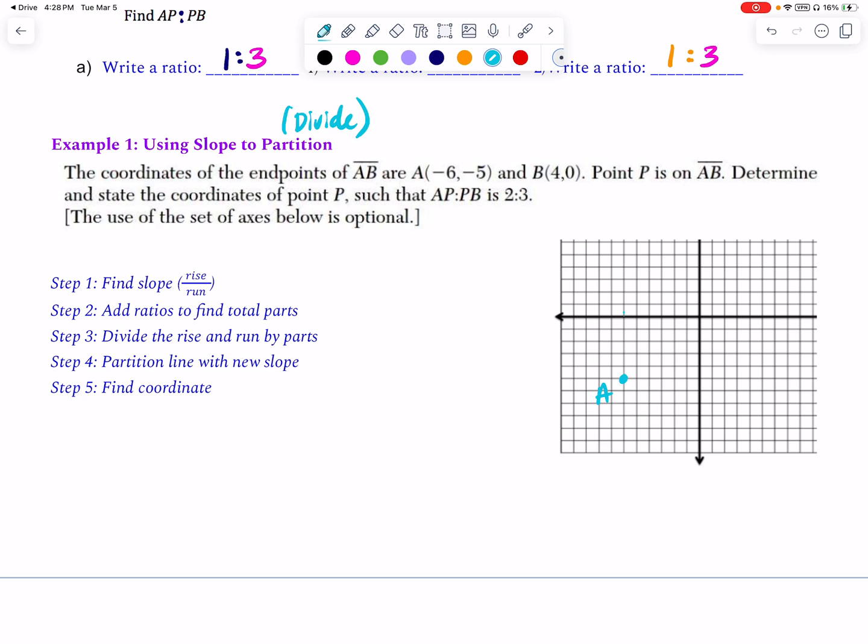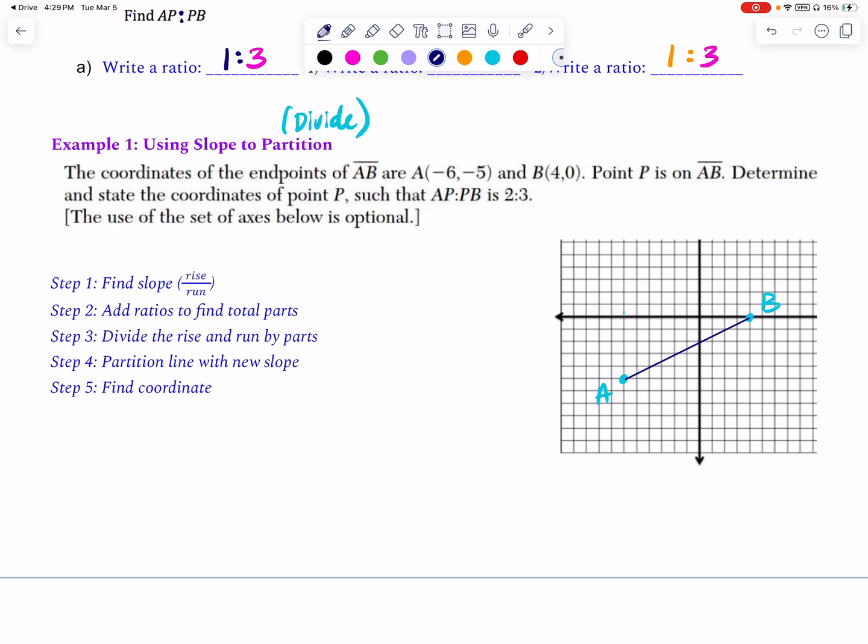Label that A, and B is 4. We go left or right first, so 4 to the right, and we don't go up or down, and that's B. I'm going to connect this segment, and sometimes it's called a directed line segment.